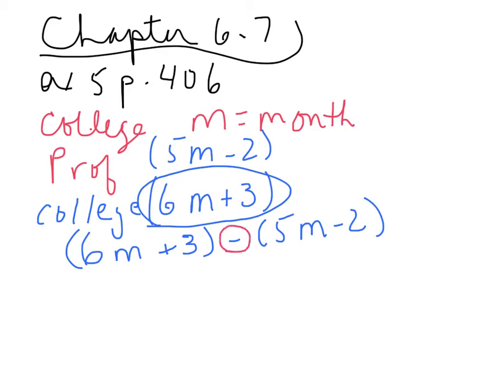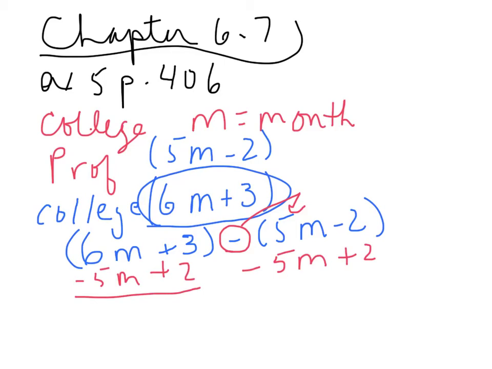Okay, and this gets a little bit tricky, but it follows along with what we've been doing. This negative affects every term inside that parentheses. So it's -1 times 5M, which would be -5M, and negative times negative 2 would be a +2. So bring it on over here, and we get -5M plus 2.